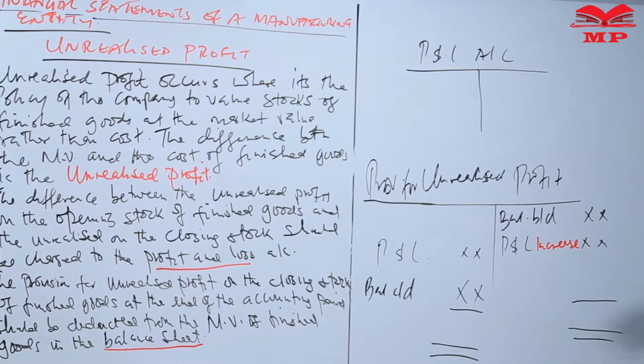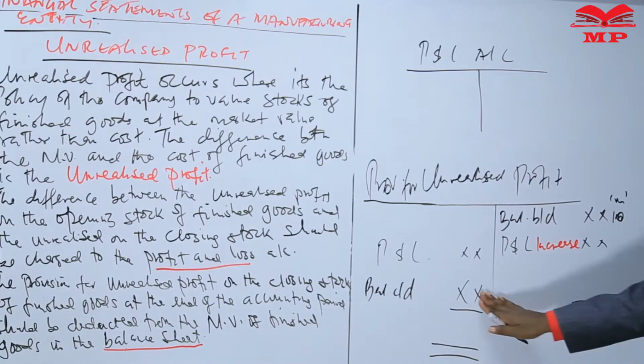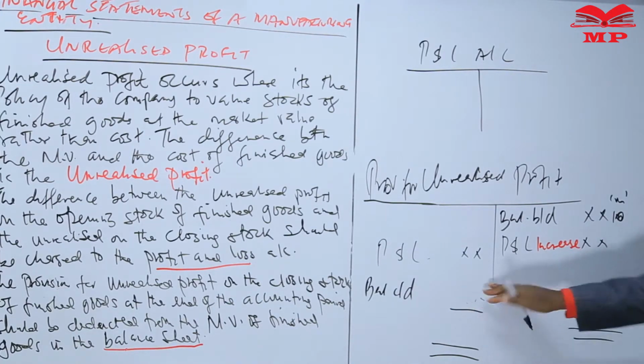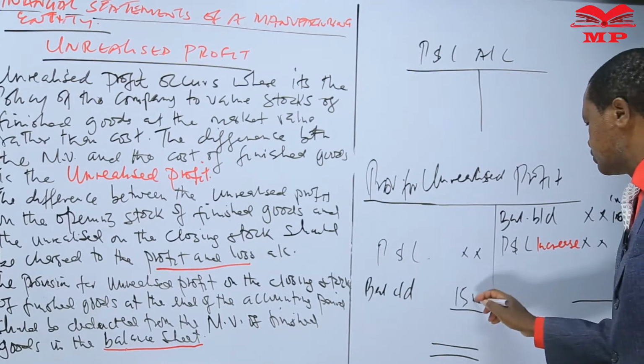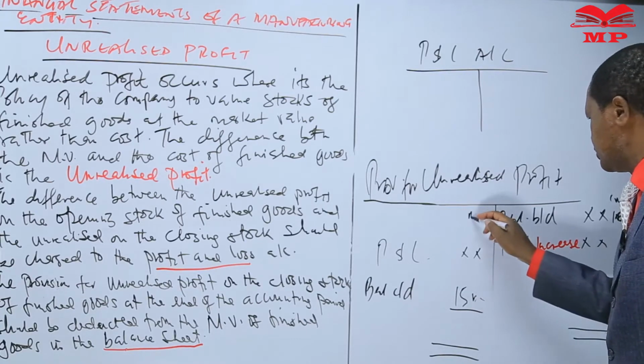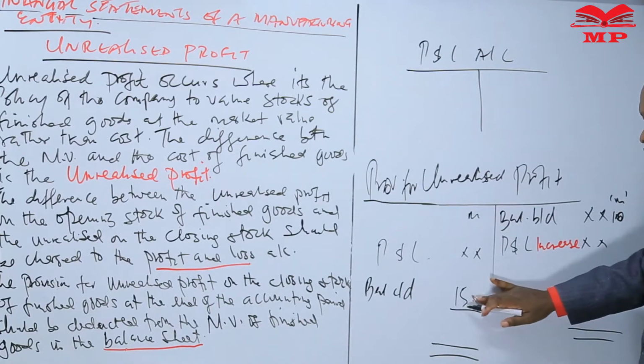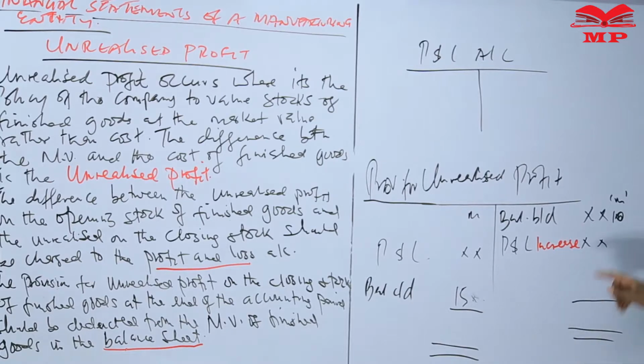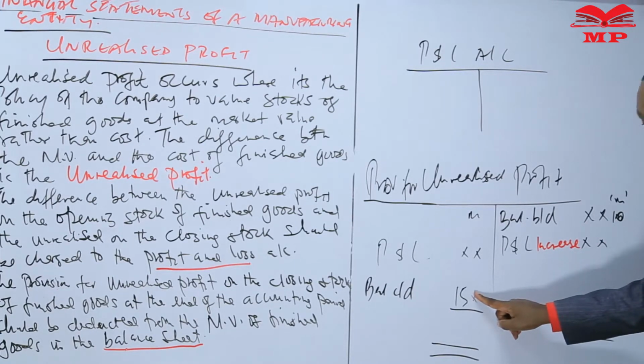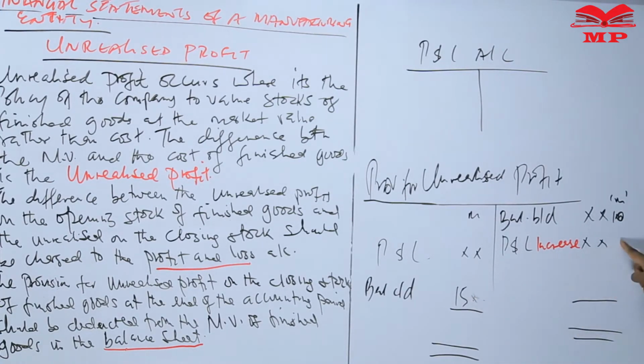So if you have a figure of say 10 million, and at the end here you have a balance of say 15 million shillings, then the balancing figure will appear on the credit side and it will be 5 million.